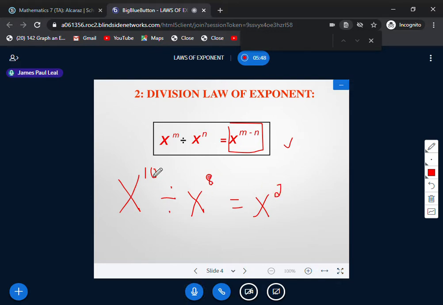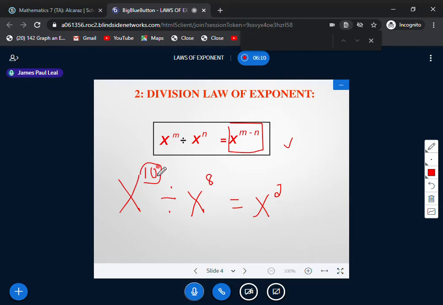So always remember, if you are dividing variables with exponents, if you have a greater exponent for the numerator, the first variable, it will always lead to a positive exponent.